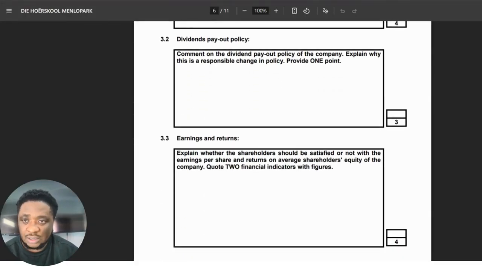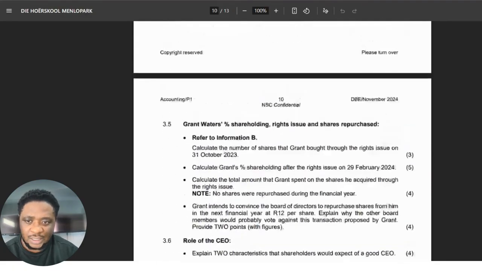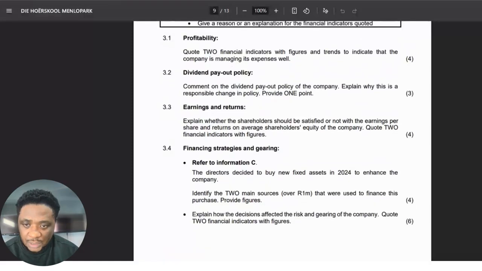This is on earnings and returns. I want to read specifically right from the question paper itself. It says, explain whether the shareholders should be satisfied or not with the earnings per share and returns on average shareholders' equity of the company. Quote 2 financial indicators with figures.